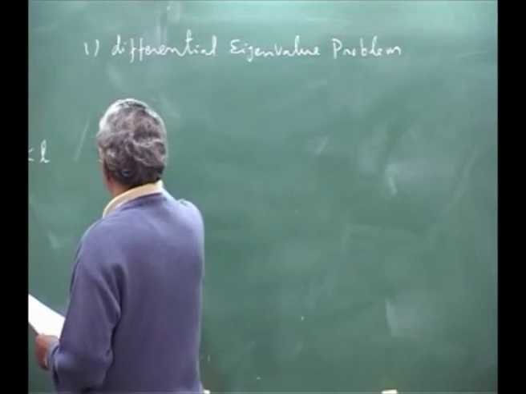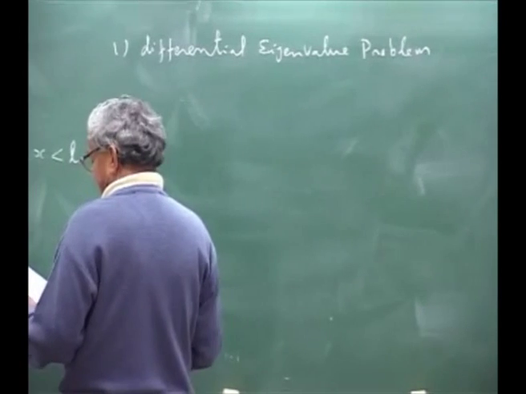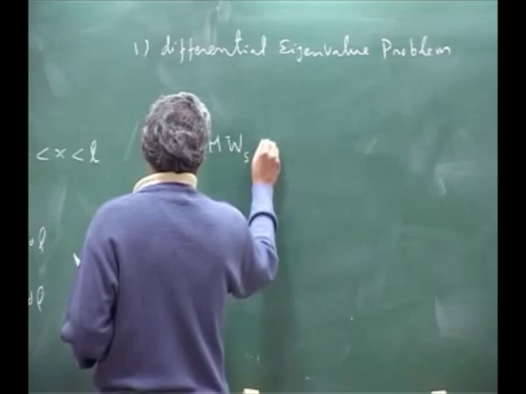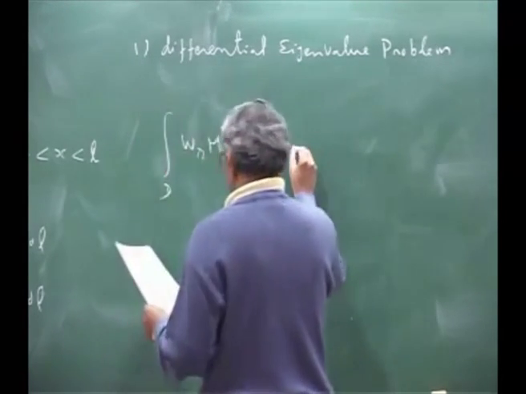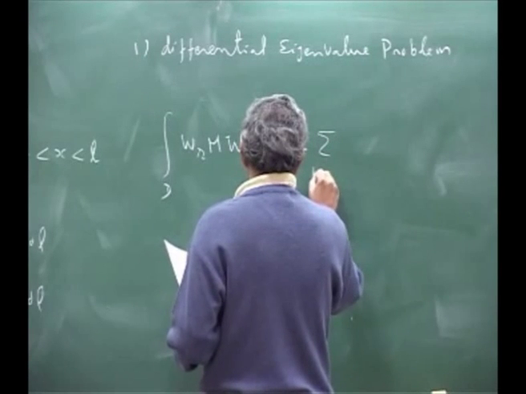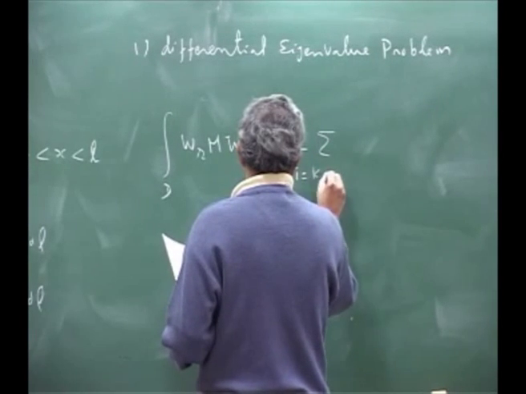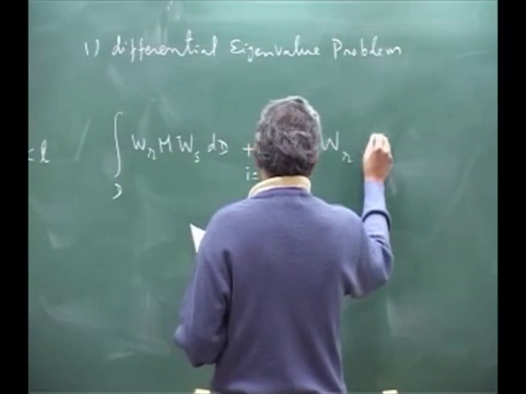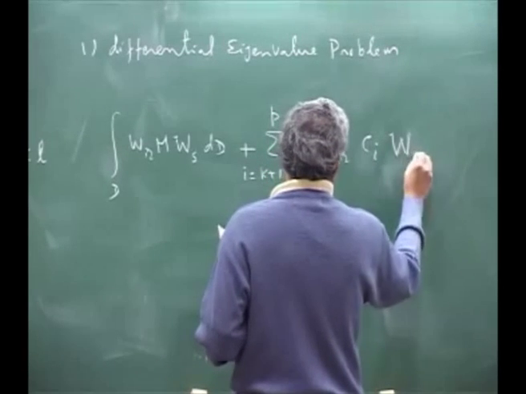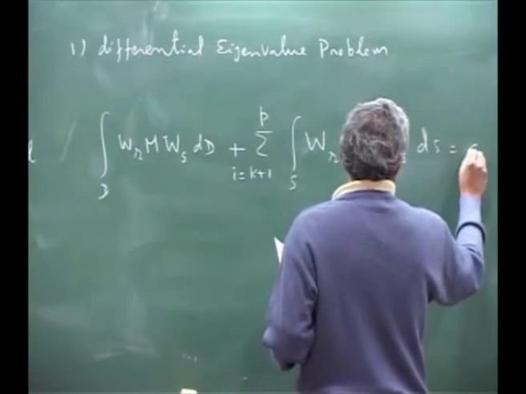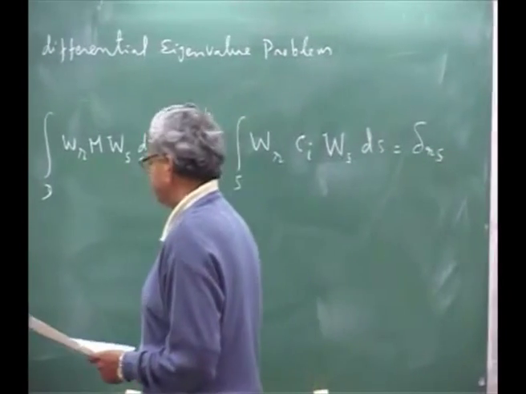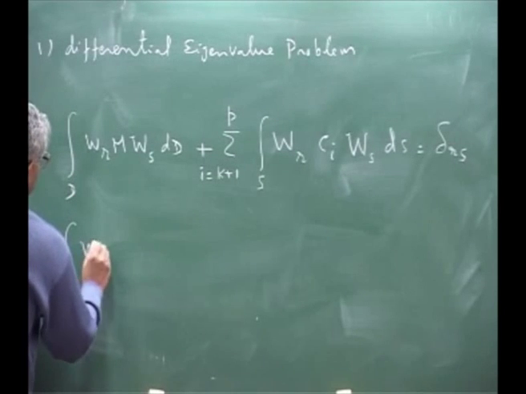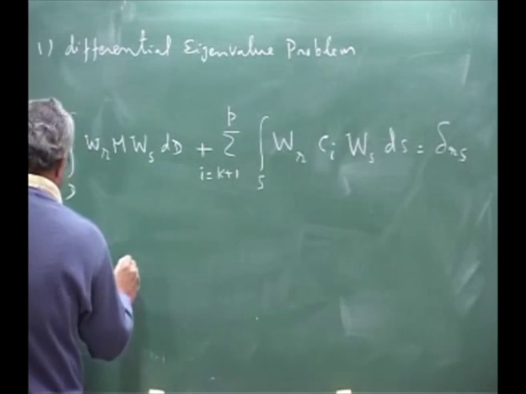So I will write the orthonormal condition now: over the domain, plus summation i equals k plus 1 to p, and the other. These are the conditions referring to orthogonality. Please understand that.